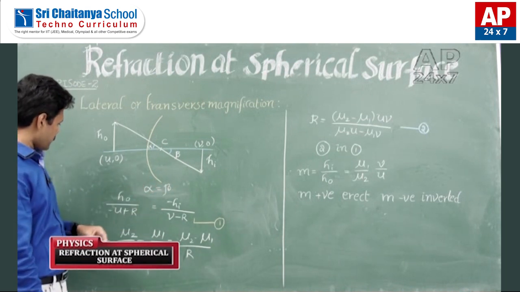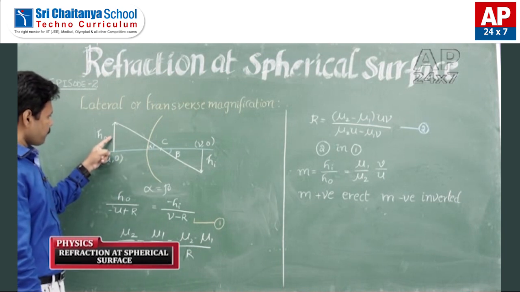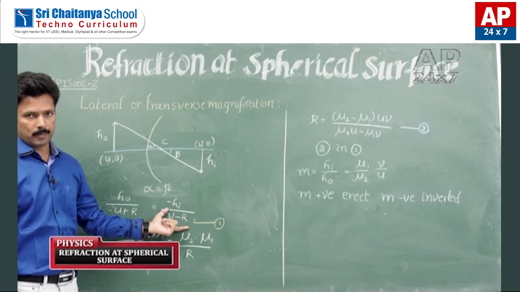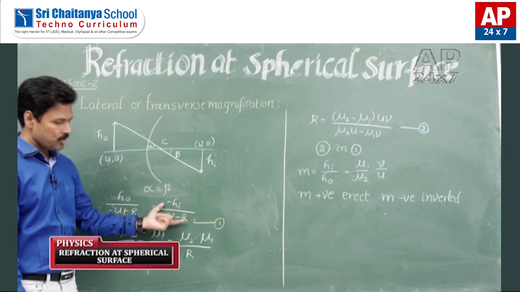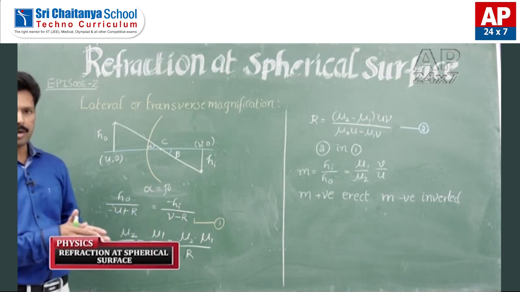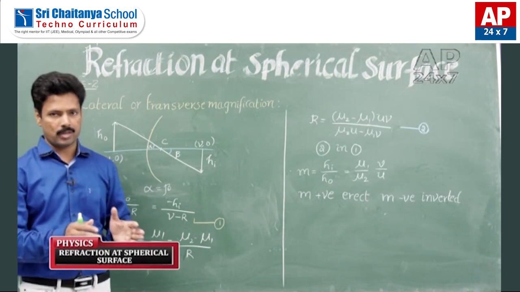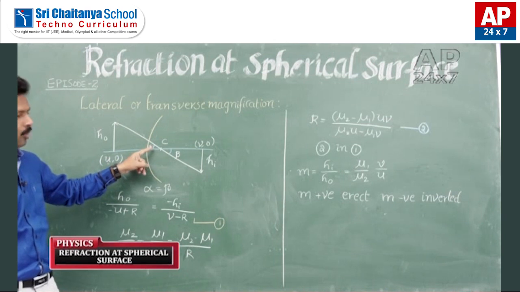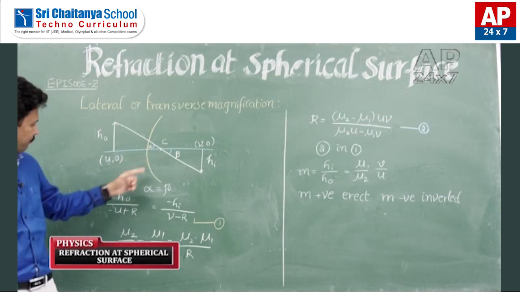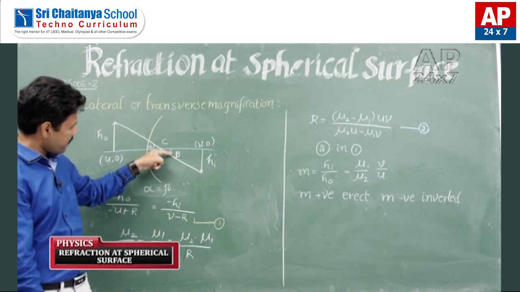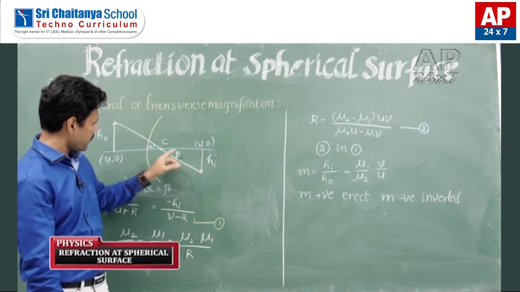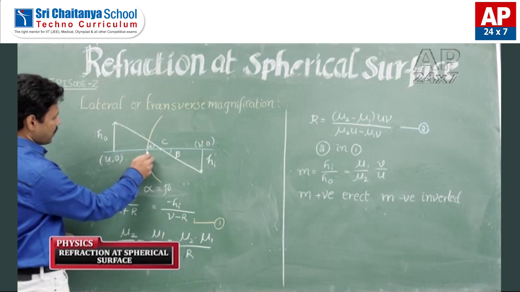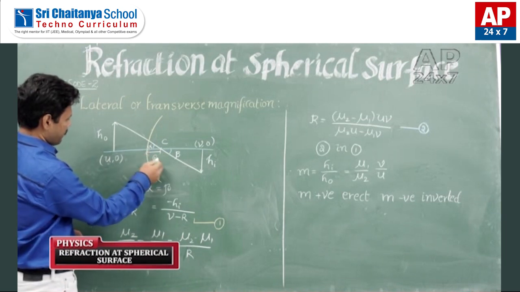From that we can say tan alpha is equal to this value and this is the tan beta value. Once again, I mention that we are taking all equations only for paraxial rays. That's why when we take tan alpha, it is approximately equal to alpha. And when you take tan beta, see carefully, this is the radius of curvature.